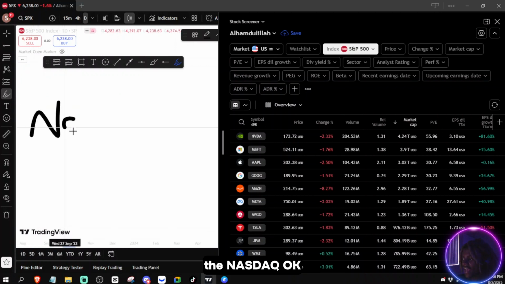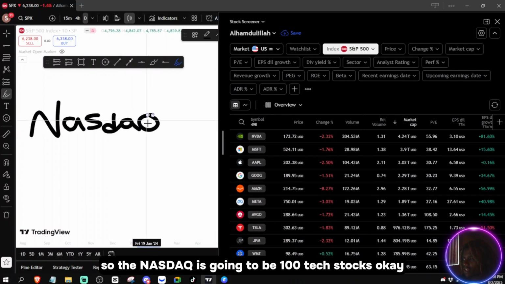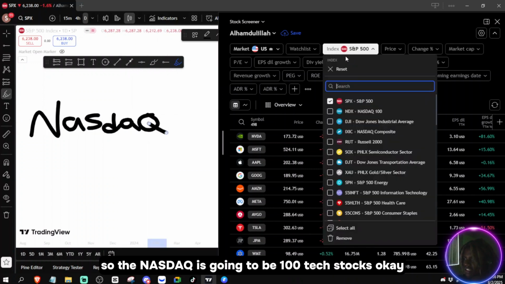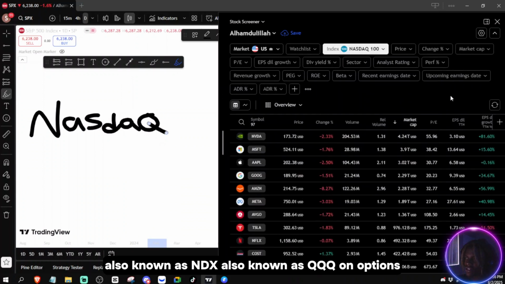Now the next index I wanted to talk about is going to be the NASDAQ. The NASDAQ is going to be 100 tech stocks. That's why it's called the NASDAQ 100, also known as NDX, also known as QQQ on options. And SPX is also known as SPY on options.